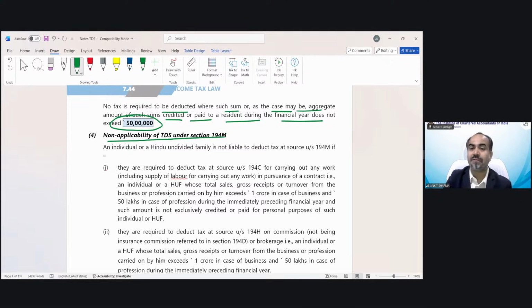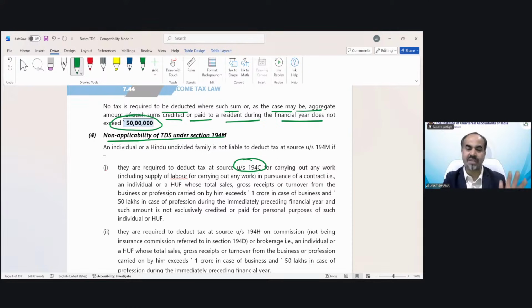It says section 194M would not be applicable if section 194C is applied. So if TDS can be deducted under section 194C, which is specifically for work contract, then 194C will prevail. Only if TDS is not going to be deducted under section 194C, then we will apply section 194M provision.